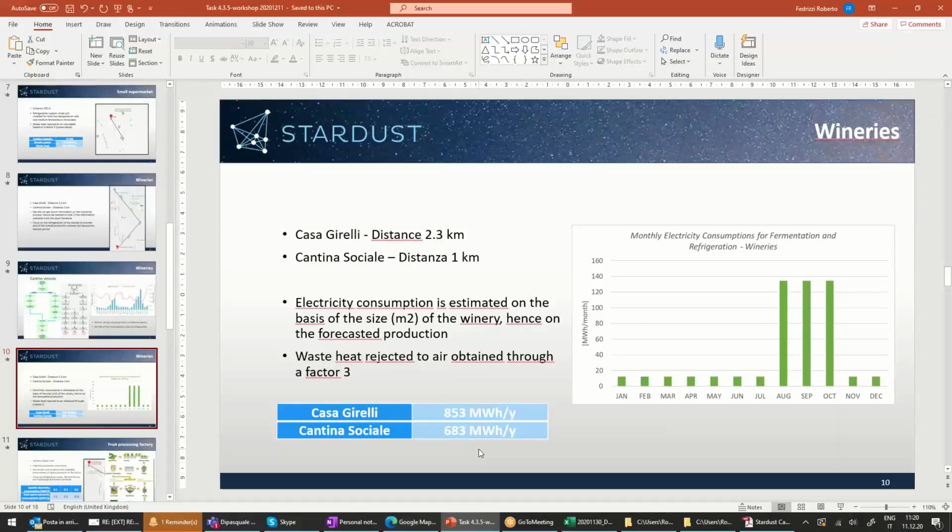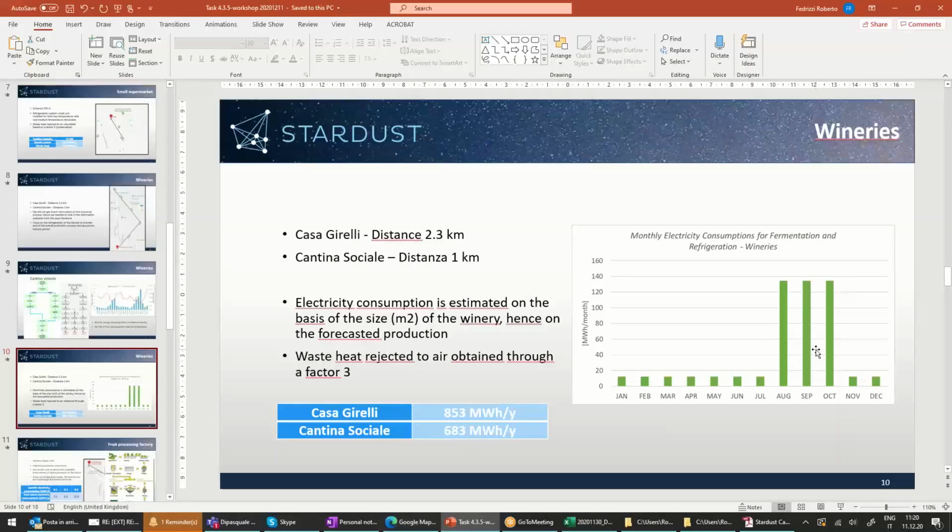This factor 3 I was telling you earlier, which is something like 1.56 gigawatt hours per year made available by these two companies, mainly over these 3 months of the year.